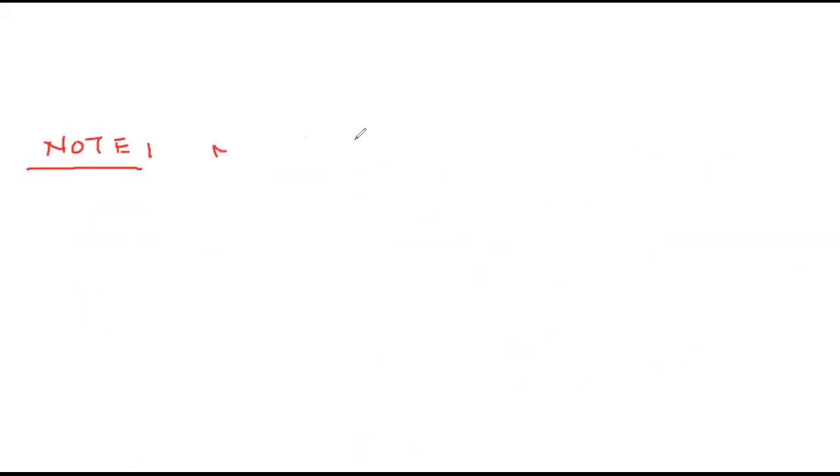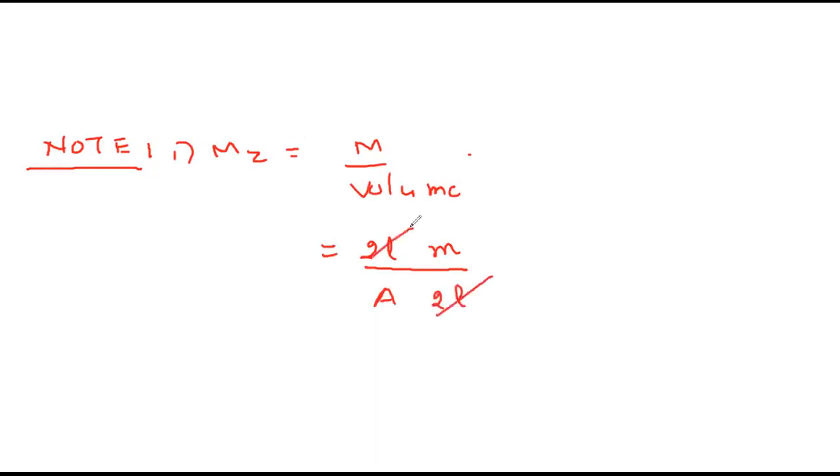Mz is m upon volume. M is 2Lm, that is dipole moment, product of magnetic length and pole strength. Volume is area into magnetic length. That means it is pole strength upon area.